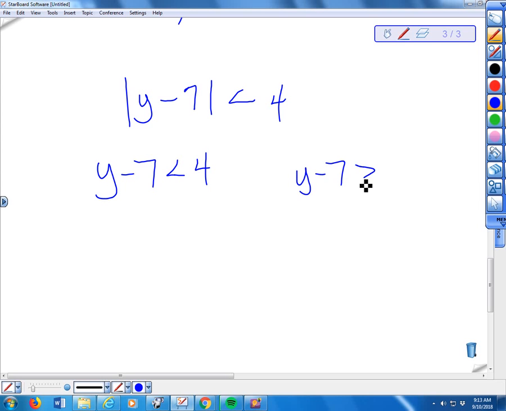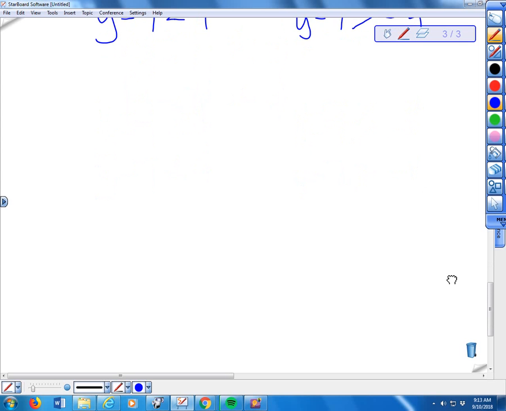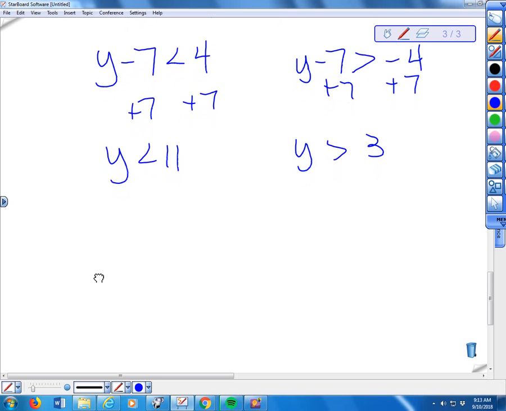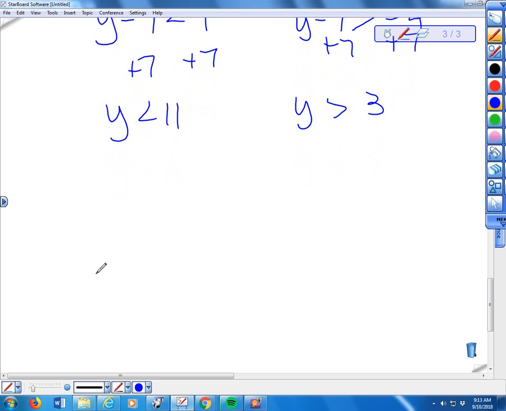And it has to flip, right? Now I just solve both of these. I add 7. So is this an and or an or? Well, the easiest way is to just graph it and see. It's less than 11, greater than 3, not or equal to. So it's an and.